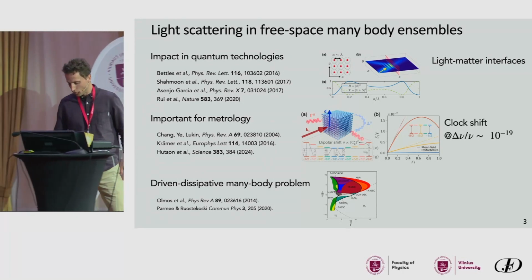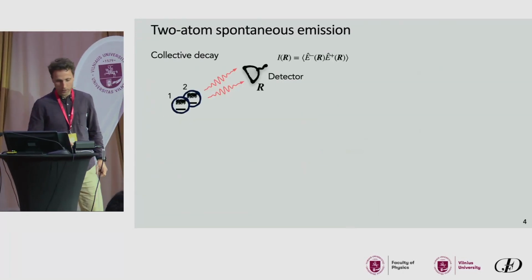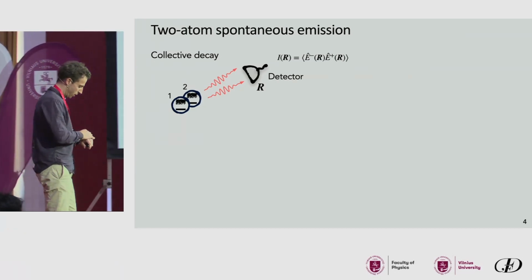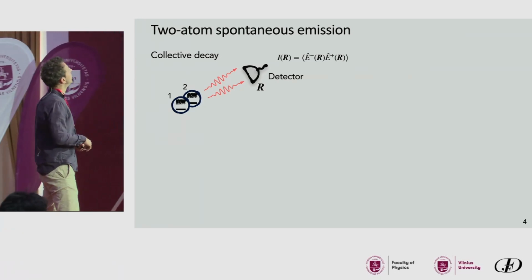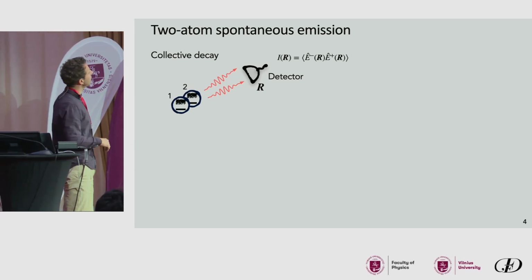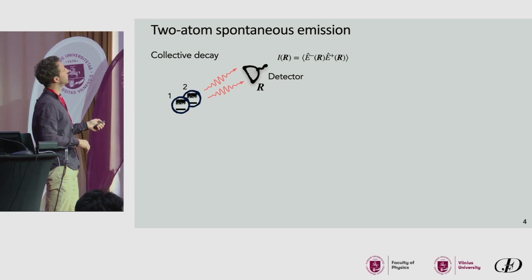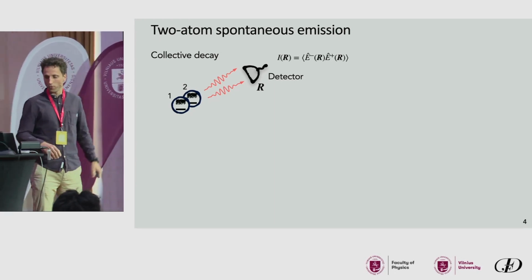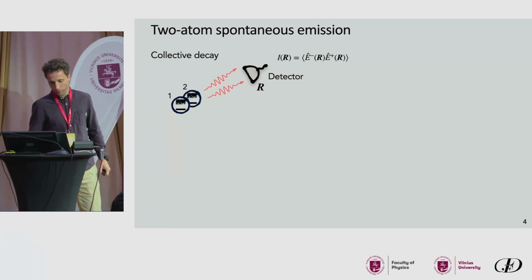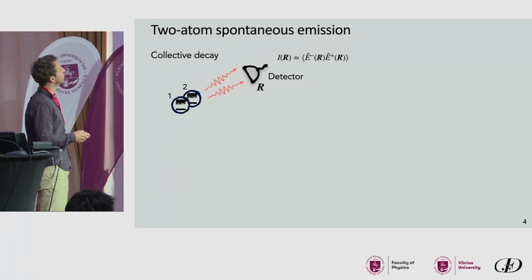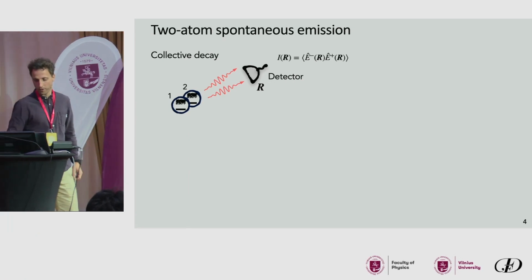So what does it mean, understanding collective spontaneous emission, or the collective response of atoms to light, in terms of the atomic state? Essentially, when you measure the light that is emitted by two atoms, you're measuring the intensity with your detector. And say you have two atoms, then you're measuring the field that is radiated by these two atoms.